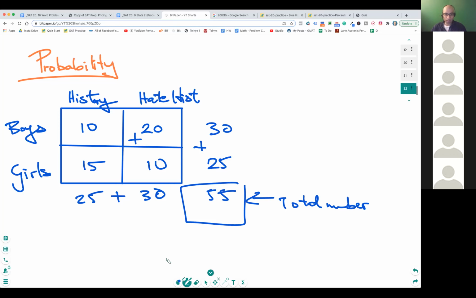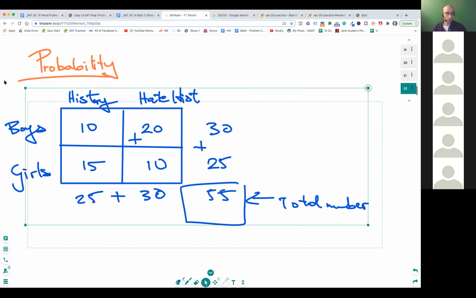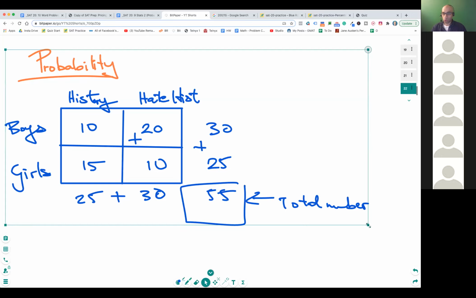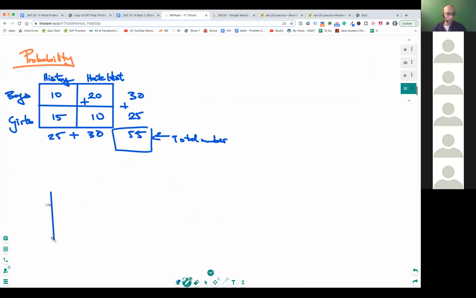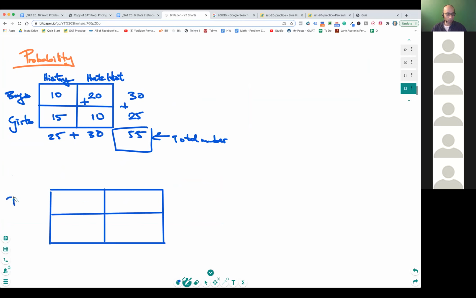Okay, so before we even solve this, let's try to solve another problem here by using the Sudoku principle. Let's say you've got another example here. Again, let's take boys, girls. Let's say they own dogs and they don't own dogs.